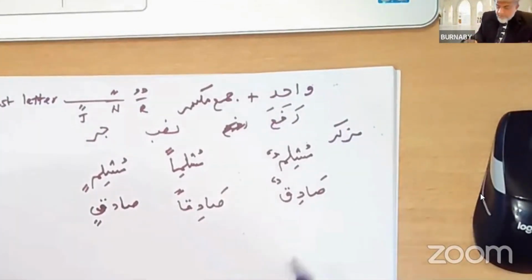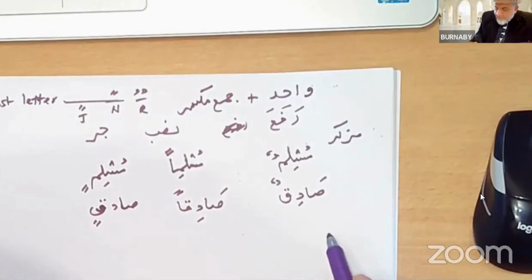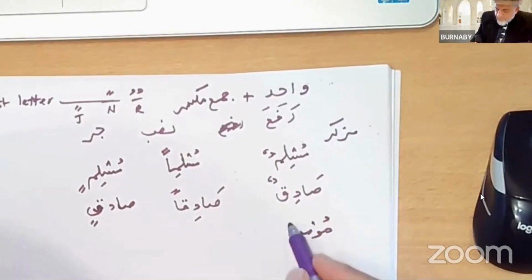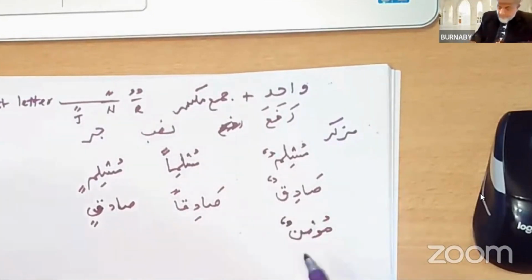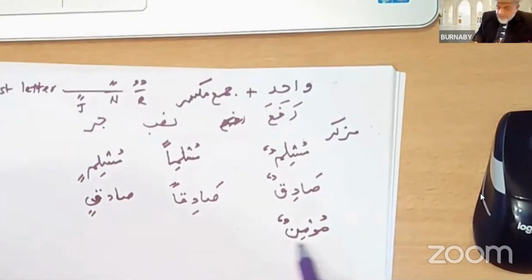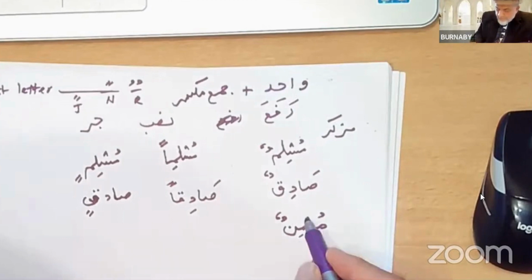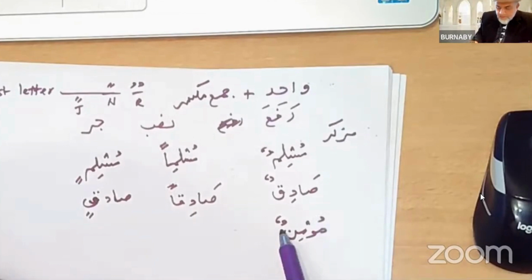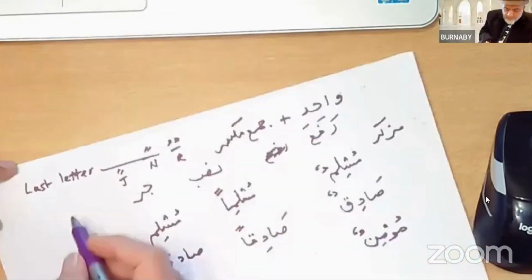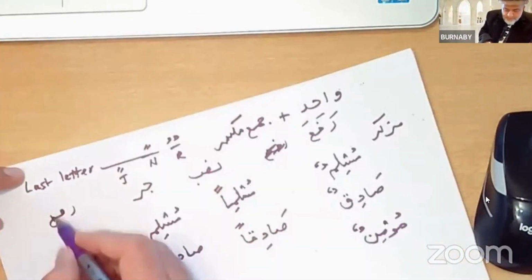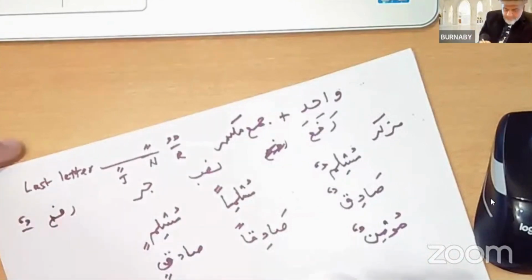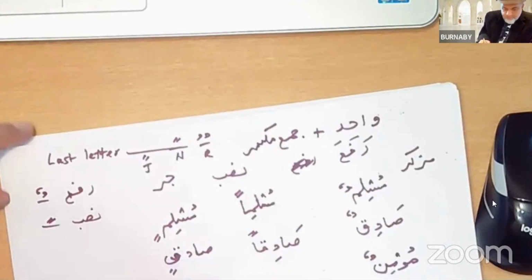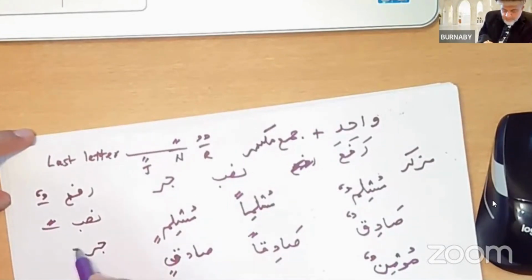Now, Brother Asim, I have a word called mu'min. Mu'minun. Is it Rafa? Yes. Mu'minun, Rafa. Look here. Rafa is Dammatan, Nasab is Fatatan, Jar is Kasratan.